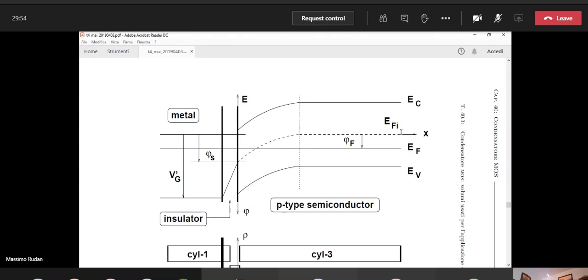in the electric potential that we already mentioned, for instance, in the PN junction, and we call it the difference in the work functions of the metal and the semiconductor. Okay?